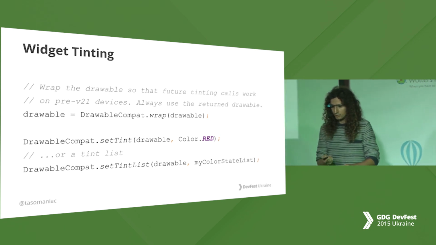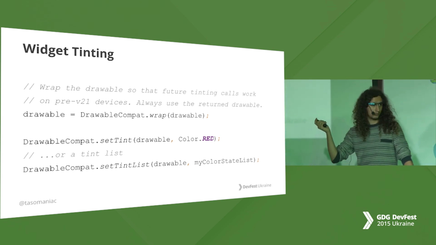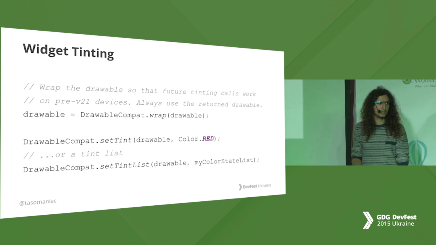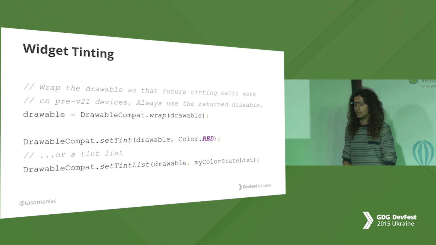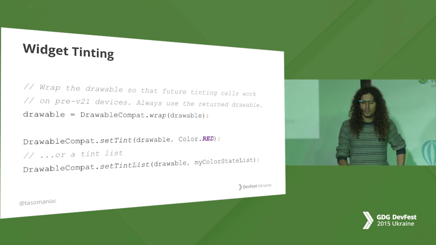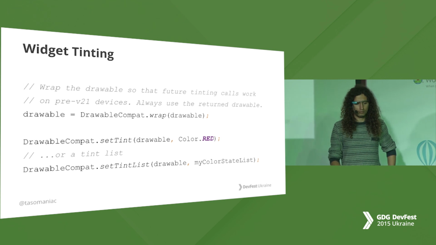So the question is, what are the other options for widget tinting in XML, other than doing it programmatically? There is no direct way to do it, actually. But there are two options that are easier than this.